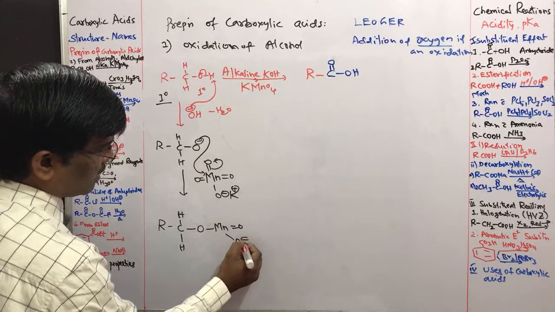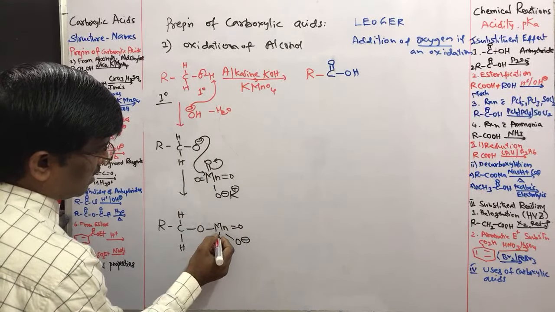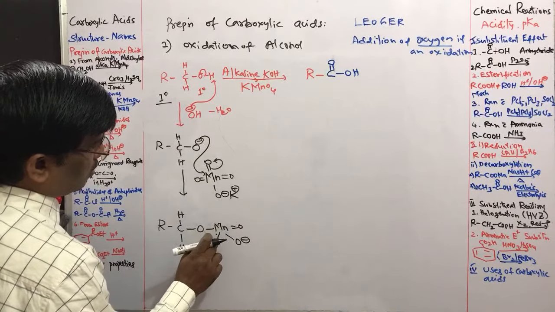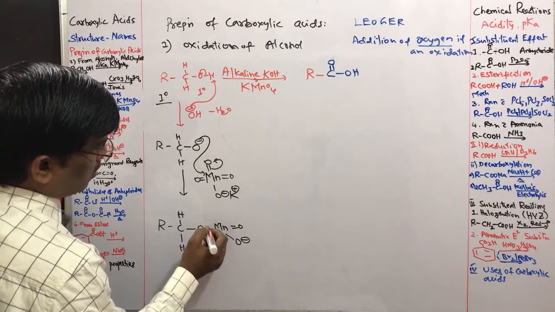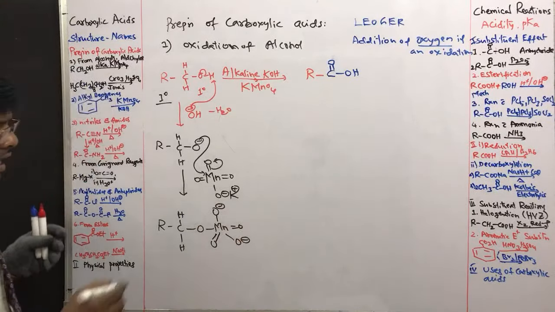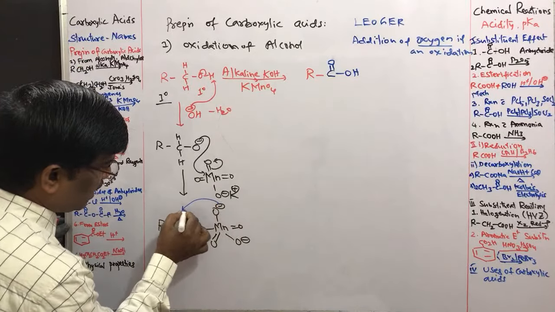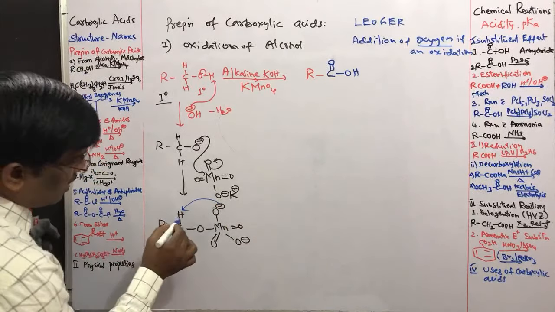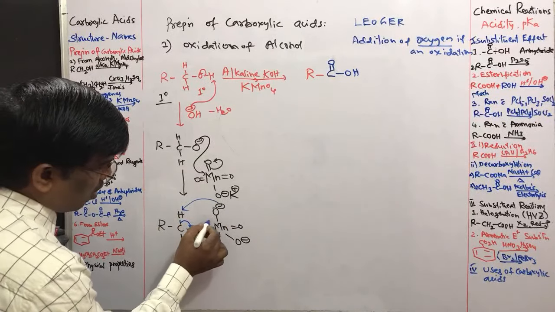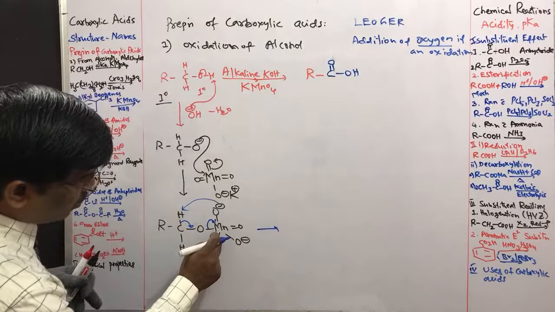I can write this negative charge here, and the double bond and O minus. And now what is going to happen? This proton is going to be picked up by this oxygen, and this bond will come back to manganese.